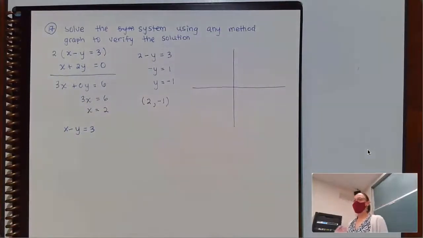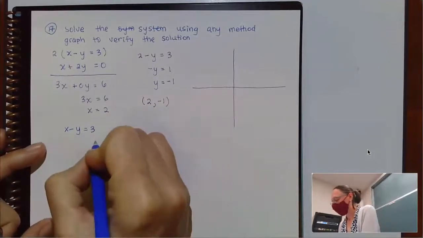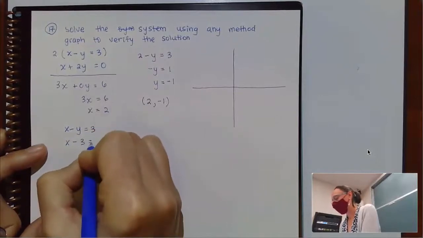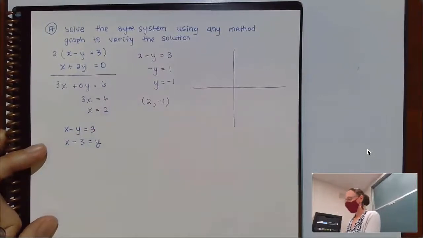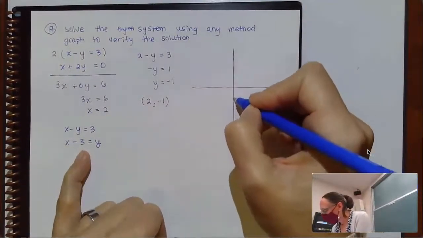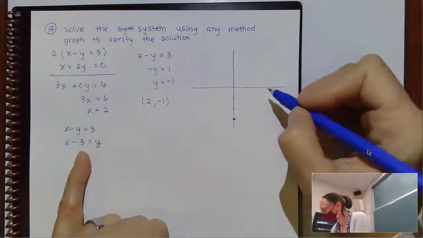My guess is that most of us think a little bit better for graphing lines if it says y equals. So I'm going to go ahead and rearrange that. I would add y to both sides and subtract 3 from both sides and get x minus 3 is equal to y. So this has a y-intercept of -3 and a slope of +1.